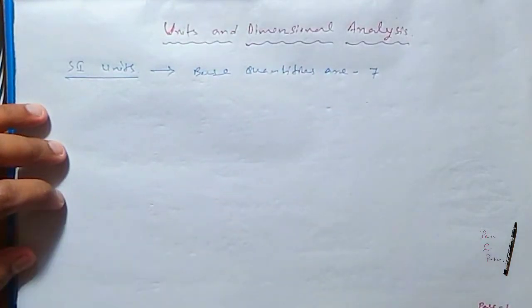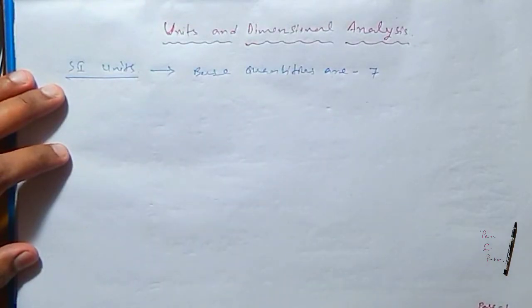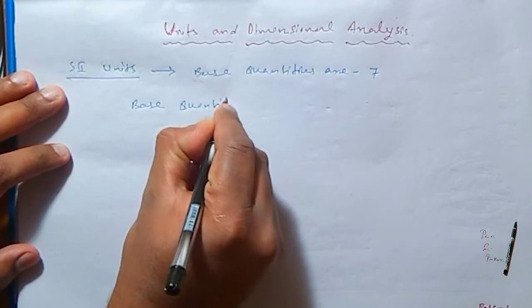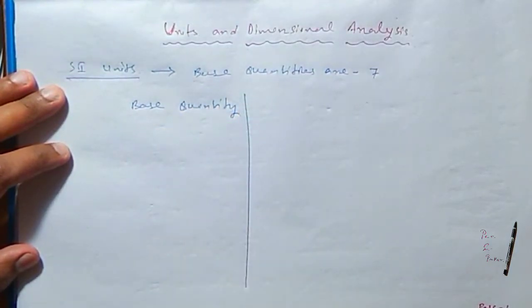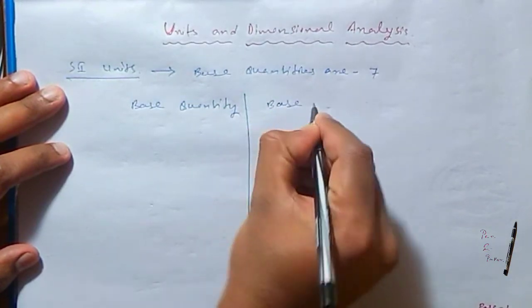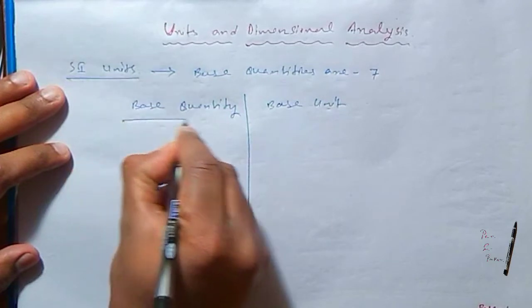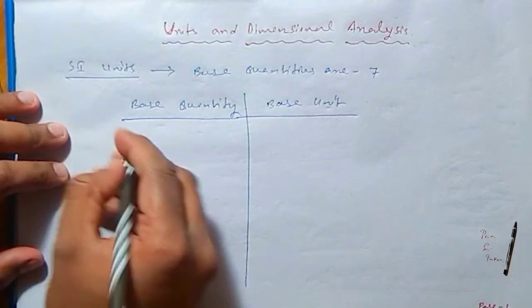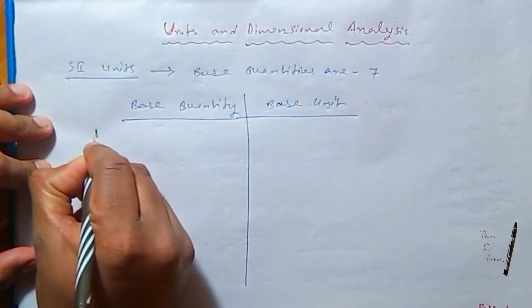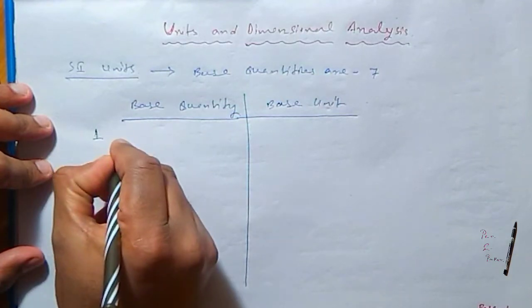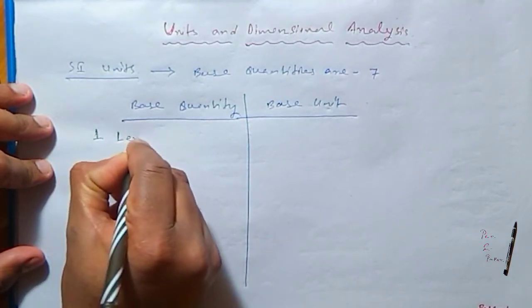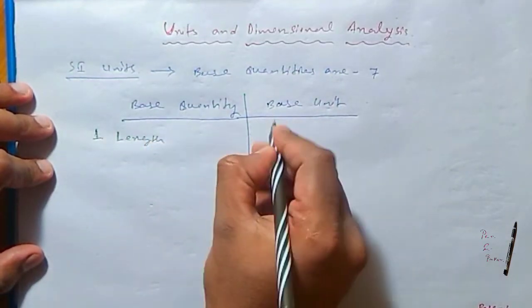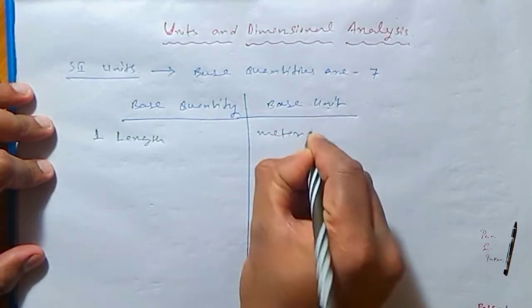Seven. If we write them here, base quantity and their corresponding base unit. 1, length, unit is meter, m.